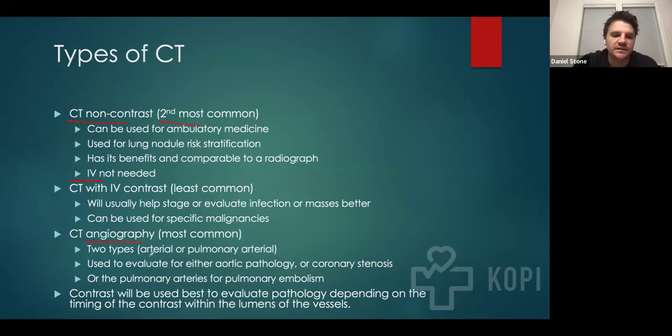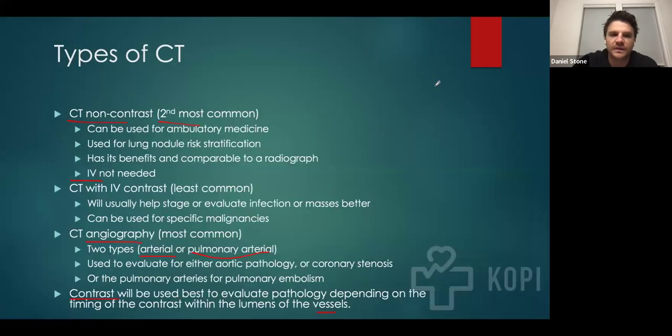Angiography means that the contrast is still in the arteries or in the pulmonary arteries, and I'll talk a little bit about what that is and show some examples.